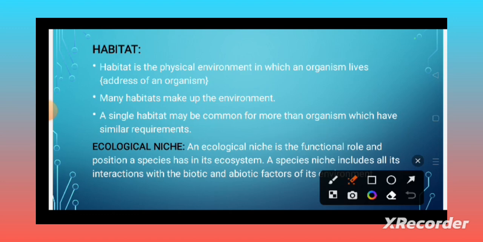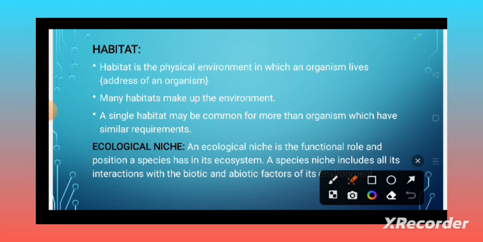Many different types of organisms will live in the habitat. But an ecological niche is the functional role and position of a species. The key term to remember is profession, work or duty of an organism. The duty of an organism is known as its ecological niche.